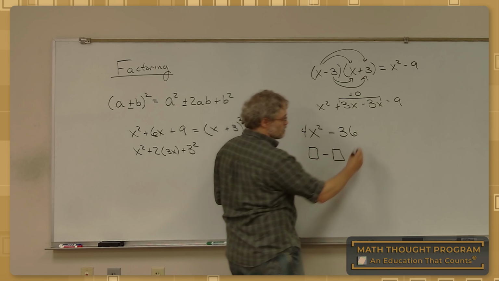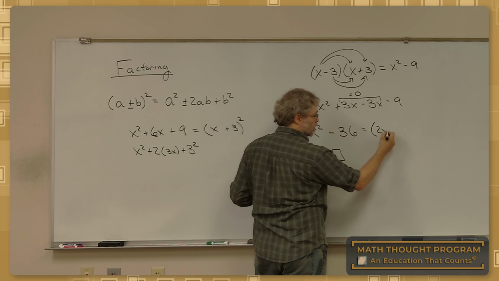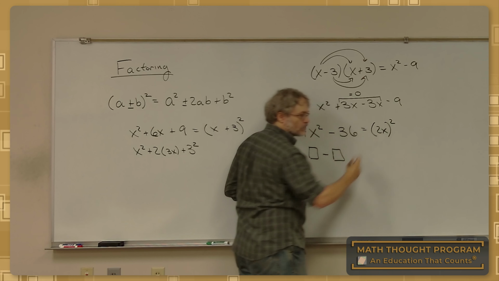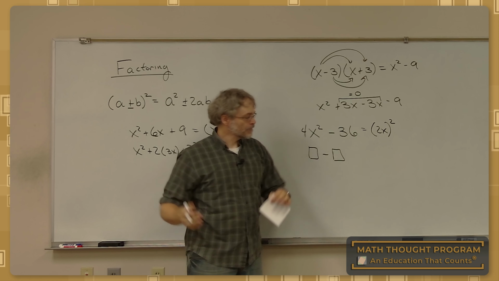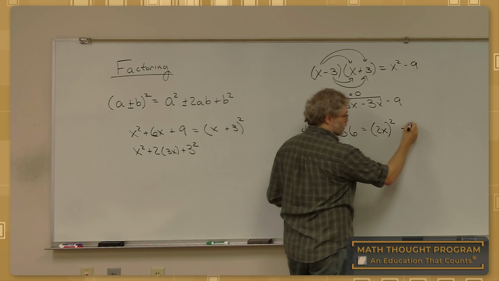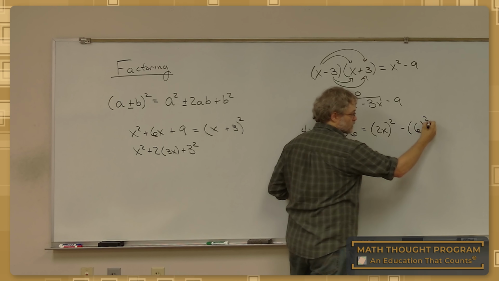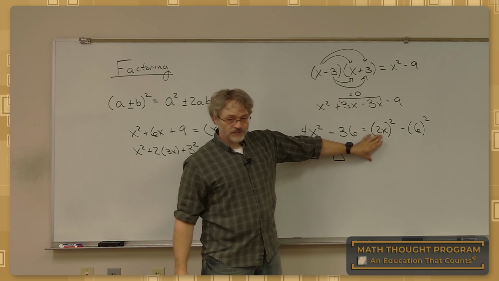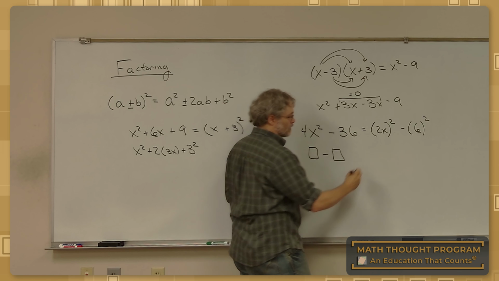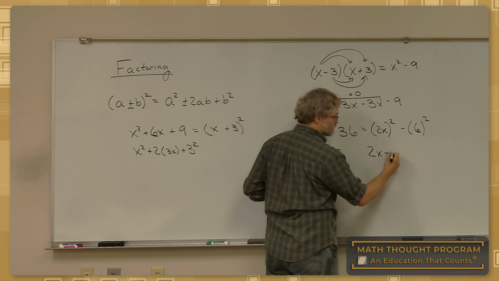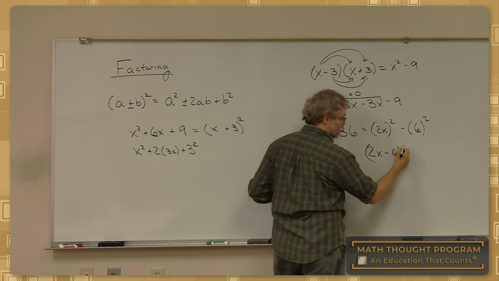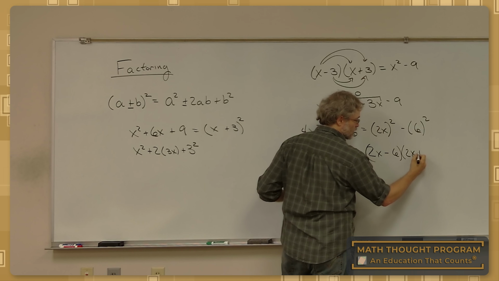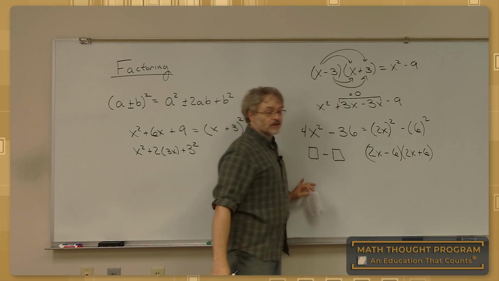Well, the first part, I'm going to have 2x all raised to the second power. And for the second part, I'll have 6 raised to the second power. So this is going to factor as 2x minus 6 and 2x plus 6.